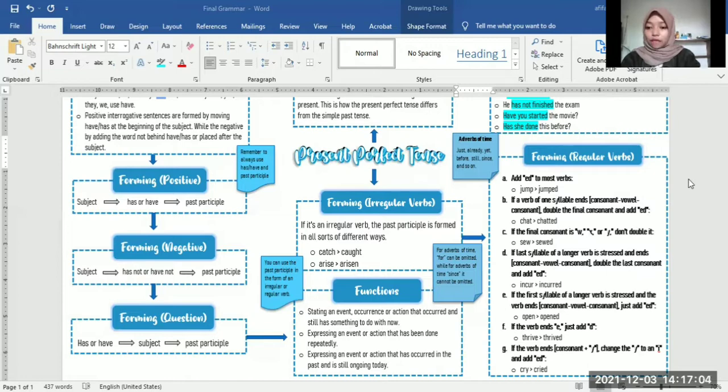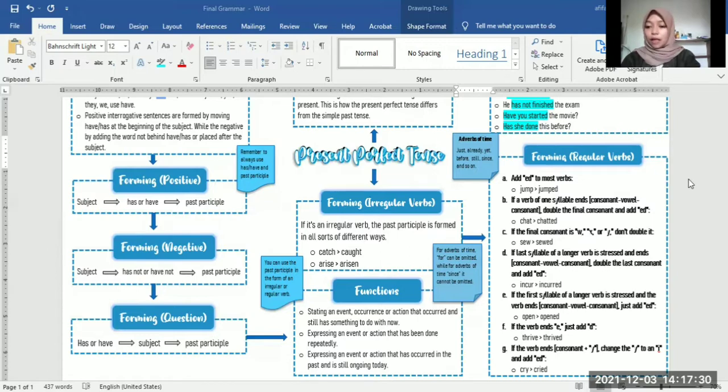D. If last syllable of a longer verb is stressed and ends consonant, vowel, consonant, double the last consonant and add ed. For example, incur to incurred. E. If the first syllable of a longer verb is stressed and the verb ends consonant, vowel, consonant, just add ed.